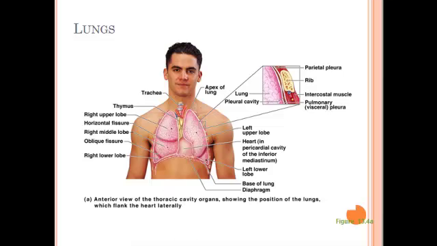Around the lungs, we have some tissue layers. We have some pleural membranes. On the right next to the lungs, we have what's called the visceral pleura, which is right next to the lungs. And then we have a pleural space here, and then we have the parietal pleura.